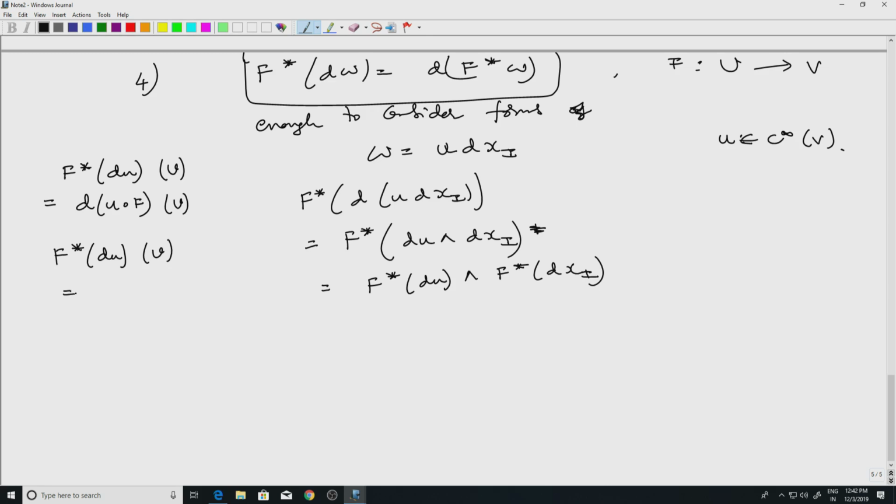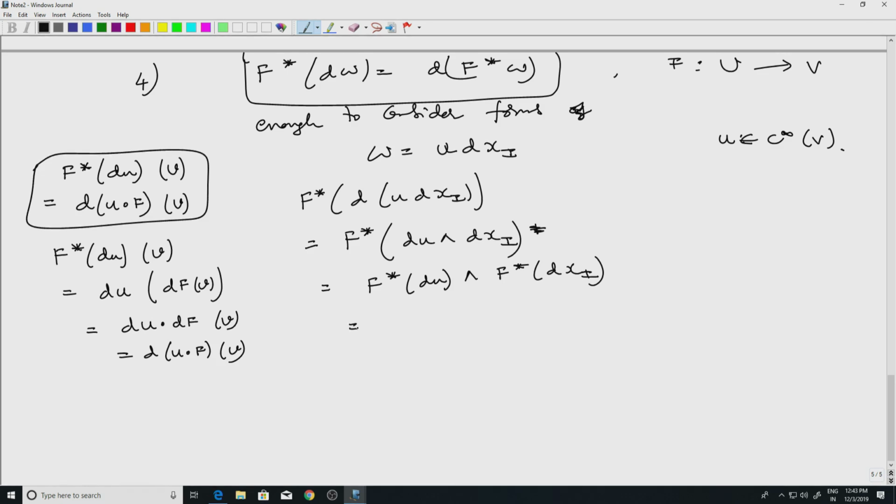By definition, this is du acting on df of v, which is du composed with df of v, which is d of u composed with f of v by the chain rule. So this is d of u composed with f, I don't have to write the v here, wedge.